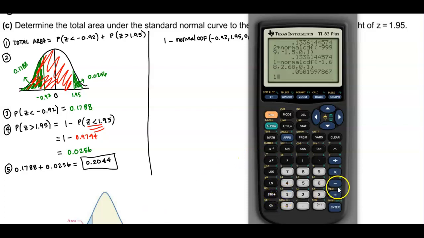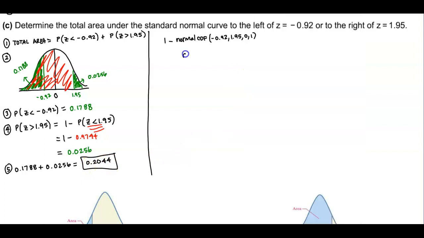We take 1 and subtract, again, second distribution, go to normal CDF. We have negative 0.92 for our lower bound. Our upper bound is positive 1.95 with a mean of 0 and a standard deviation of 1. And when we hit enter, we get 0.2044. Rounding it to 4 decimal places gives us 0.2044.